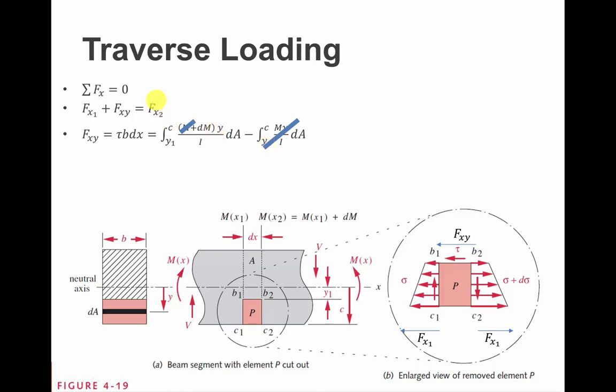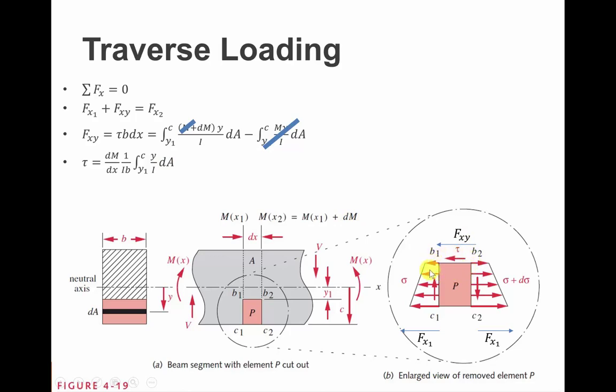And now solving for tau, I'm going to divide by b dx, and I also can move the dM out of the integral. We're going to assume that the change in moment has nothing to do with the area. And so we get this dM over dx times 1 over Ib times the integral from y1 to c of y dA. That's the definition of the shear stress that's occurring at face B1, B2.